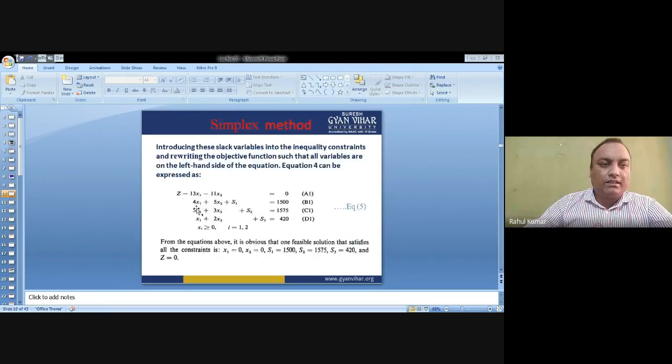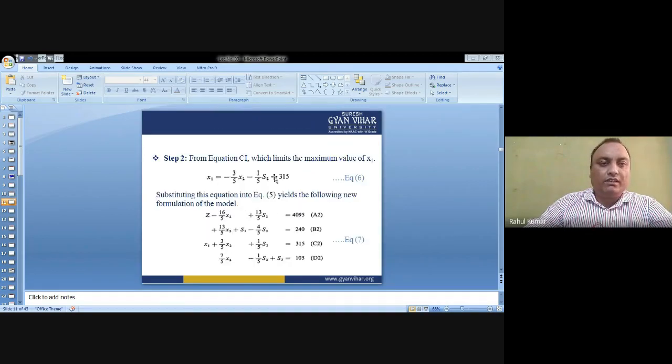For this case, x1 equal to 315 minus 3/5 x2 minus 1/5 S2, dividing by 5 here also. This is equation number 6.